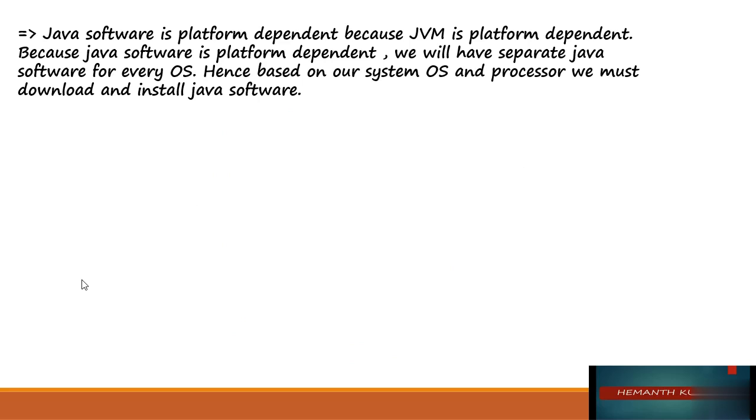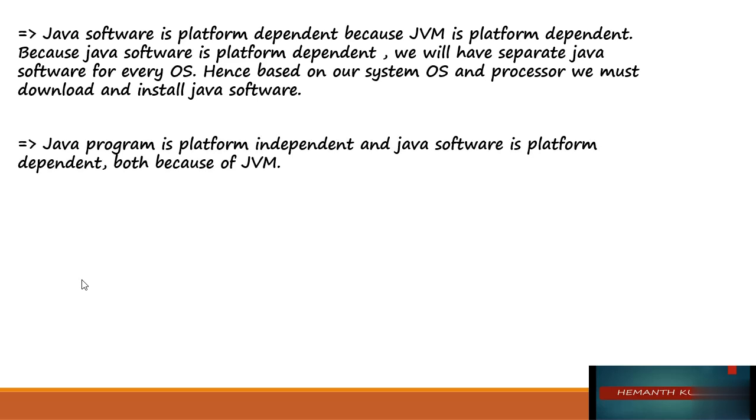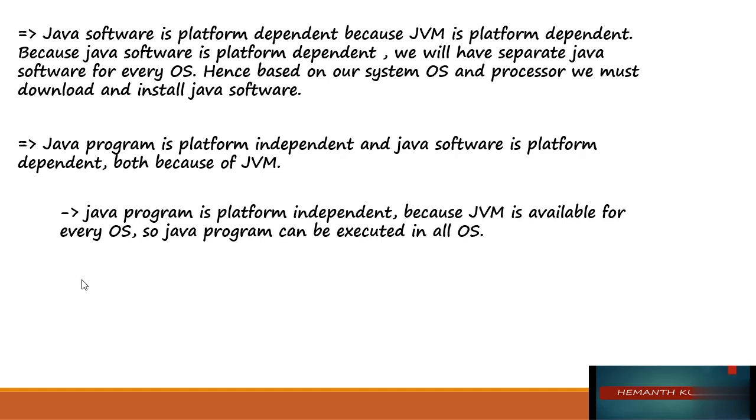Java software is platform dependent because JVM is platform dependent. We will have separate Java software for every OS. Hence, based on our system OS and processor, we must download and install Java software. Java program is platform independent and Java software is platform dependent, both because of JVM. Java program is platform independent because JVM is available in every OS, so a Java program can be executed in all operating systems.